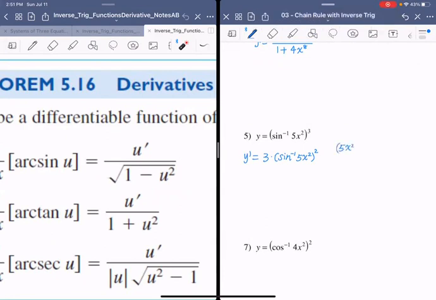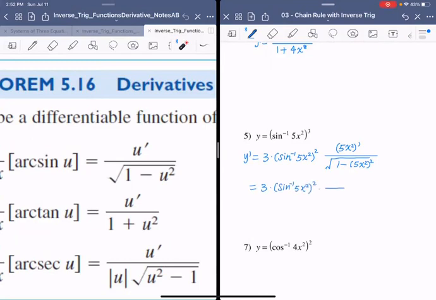Yes, this guy's derivative, over the square root of 1 minus 25x to the power of 4. I'm going to write down an extra step. This is 3 times, copy down this.